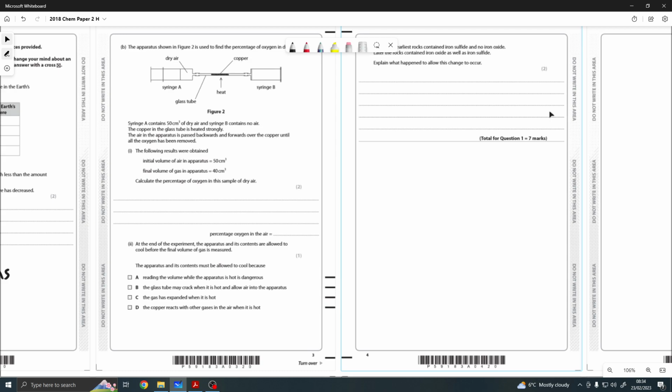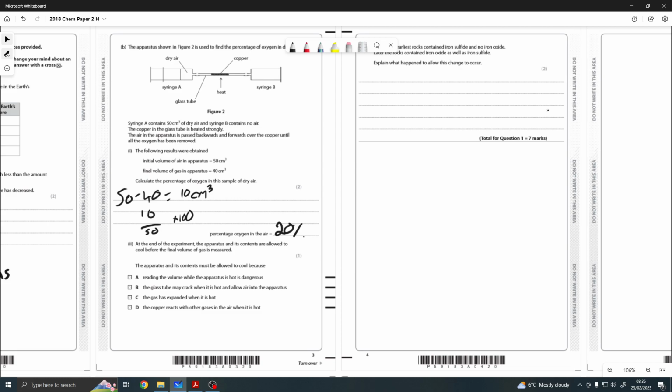So the first thing you've got to do is work that out. 50 minus 40 equals 10 centimetres cubed used up. And what you then do is take that 10 and divide it by 50 and then times that all by 100, to get your final answer of 20%.